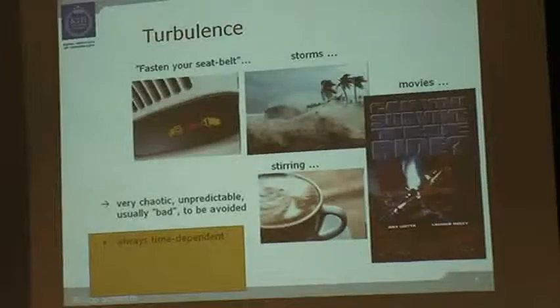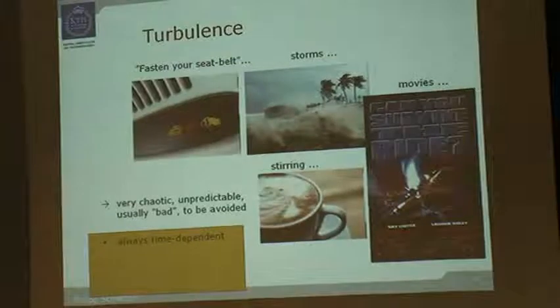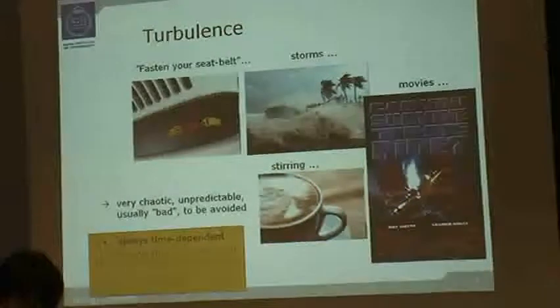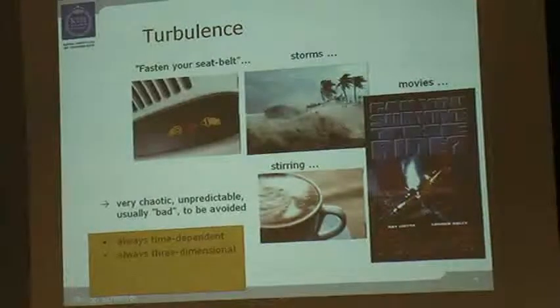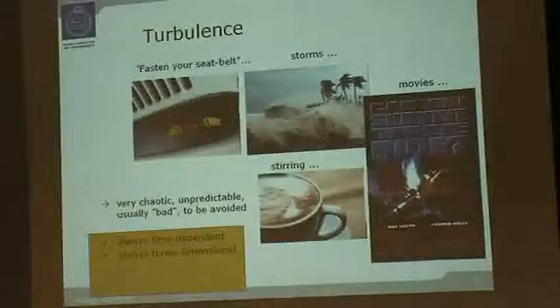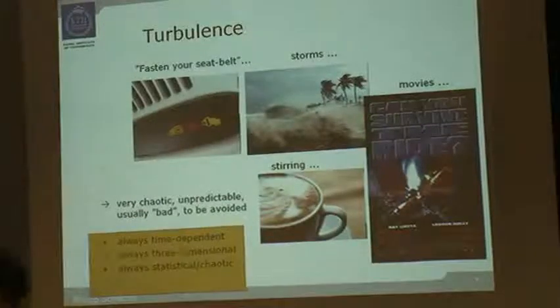Let me just add here a few of the key concepts of turbulence, which are very important to always keep in mind. So turbulence is considered to be always time-dependent, so there is no steady turbulence. It's always supposed to be three-dimensional, so it involves all directions.